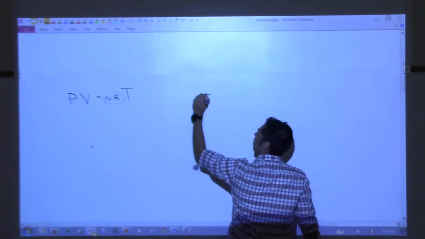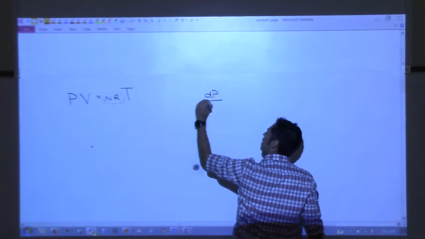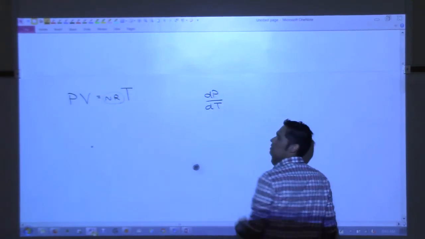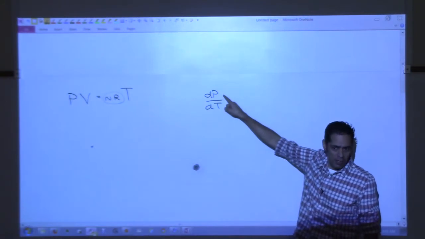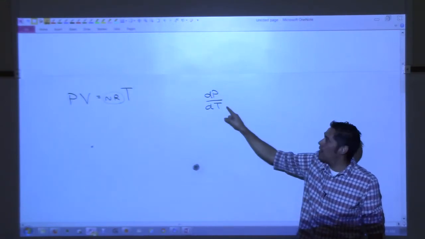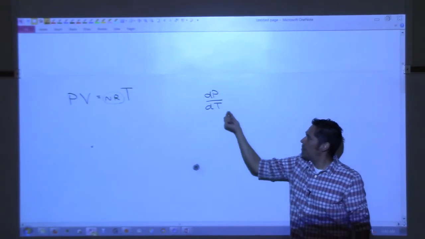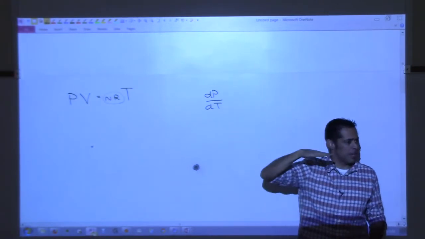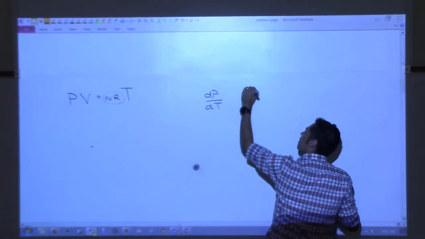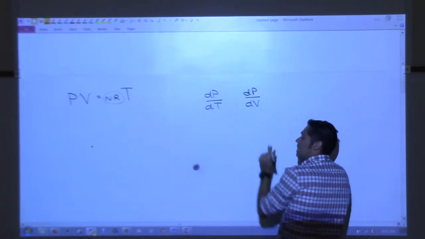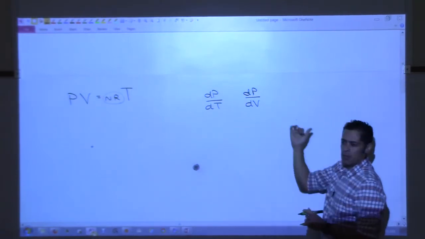I could ask, what's dP/dT? What is the instantaneous rate of change in pressure with respect to temperature? So if temperature changes a little bit, how much will pressure change? Understand? What's another one I could ask? dP/dV. If volume changes a little bit, how much will the pressure change?